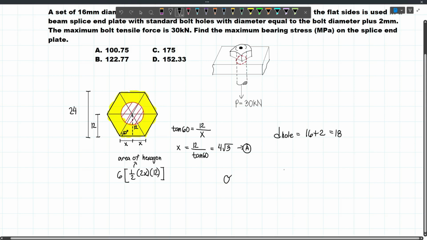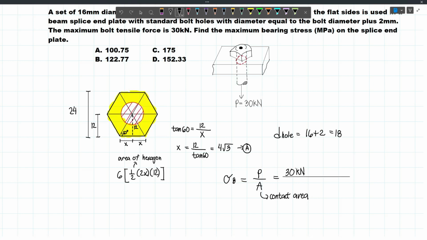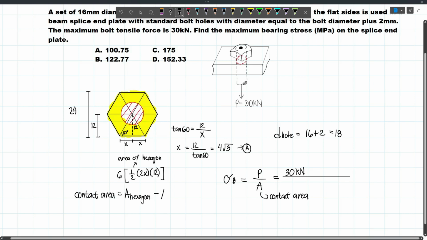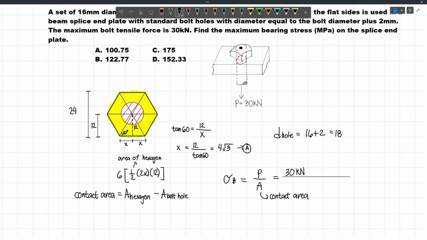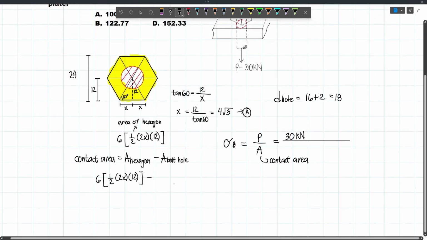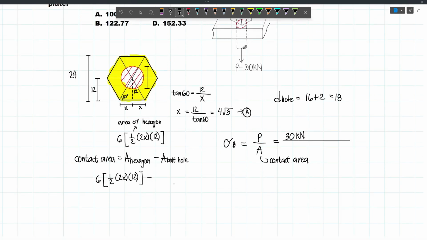And we know that the bearing stress is equal to force over area. And this area is the contact area. Now, the force is equal to this one. Let's just label this as P. And so our force is 30 kN over the contact area. Now, the contact area is the area of the hexagon minus the area of the bolt hole. Now, the area of the hexagon is this area minus the diameter of the bolt hole is 18 mm.